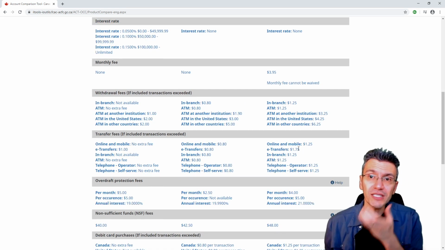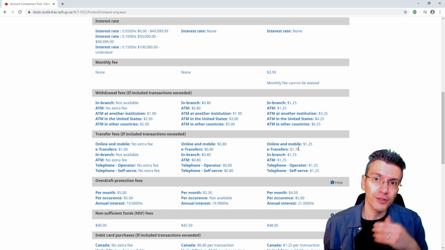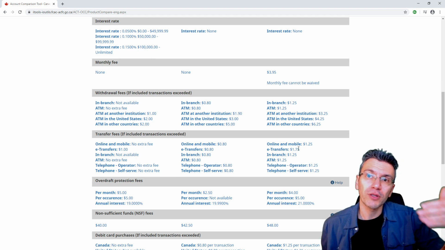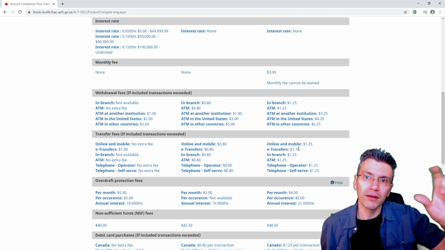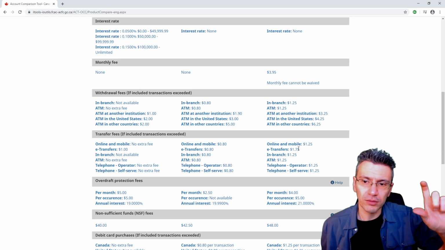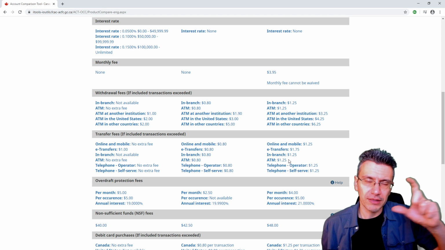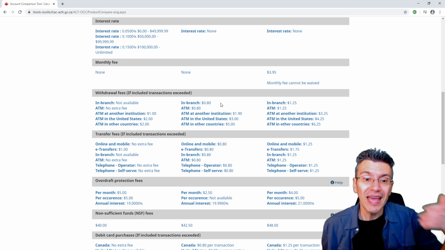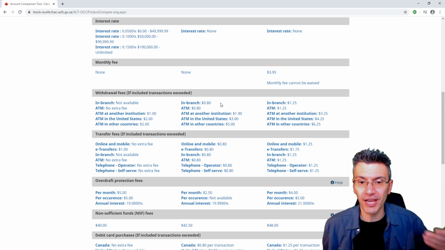So again, it's not just the fact that you might be saving those $5, $2, $3 a month in fees and/or the additional potential interest that you might earn on a certain amount of money that is blocked in the account. But also you have to look at how many transactions you make per month and how much each one of those transactions costs you.